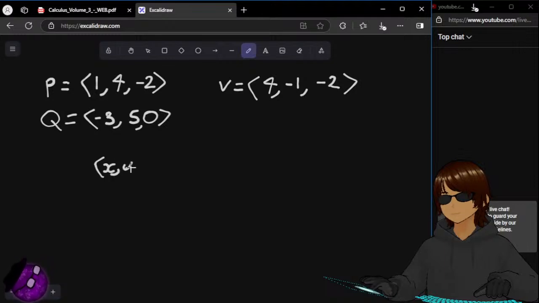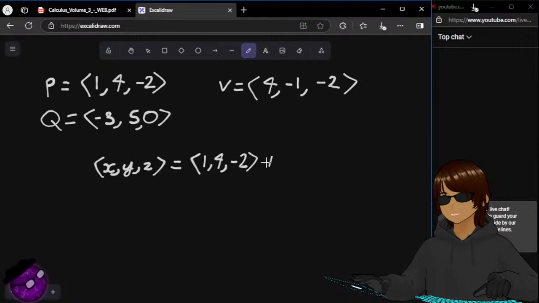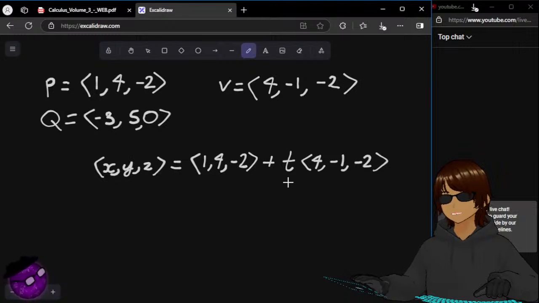x, y, z is the point P plus like that, I think. I'm not really sure. Let's say t is negative 1.